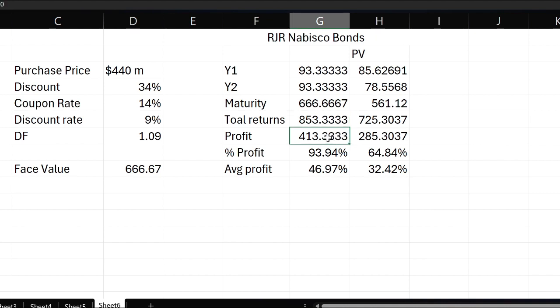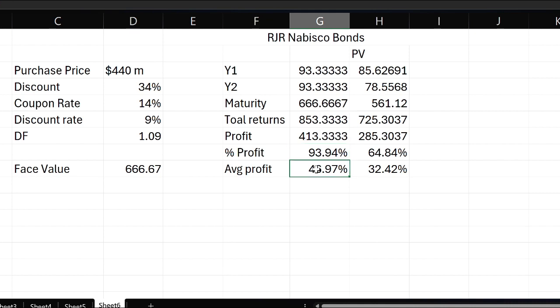The core profit is the total returns minus 440, which is the initial investment. So 413.33 million is the actual profit he got, and the percentage profit for the entire transaction is 93.49.